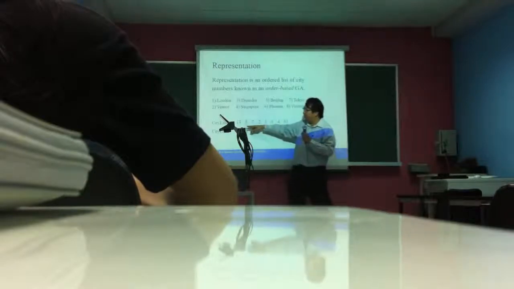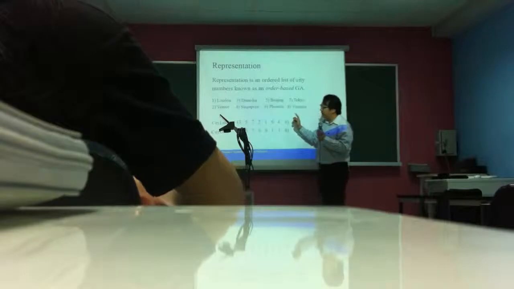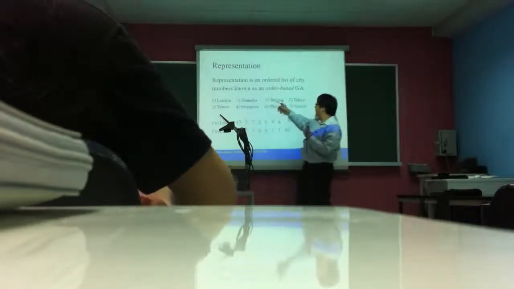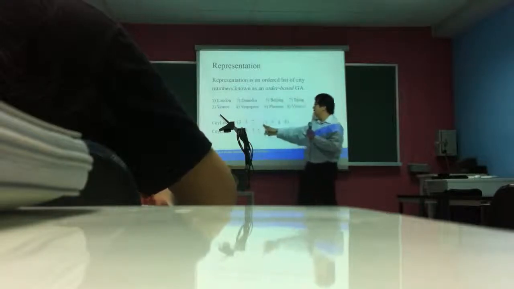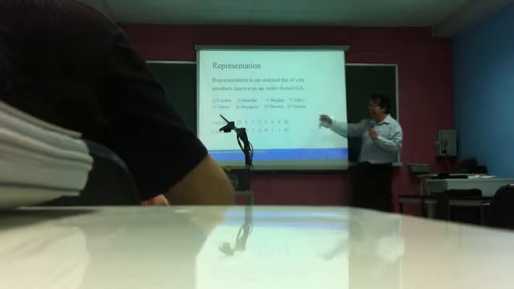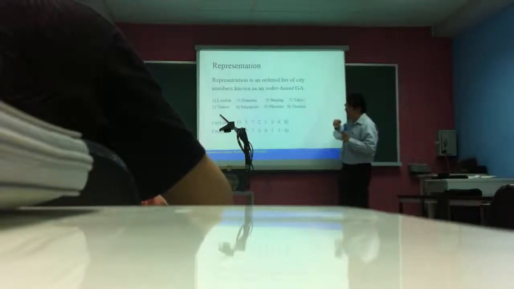Okay, such as for this one, it starts with 3, 5, 7. This means the salesman goes to Dublin first, and then goes to Beijing, Tokyo, Venice, London, and at the end returns. This is one solution, one path through the cities.